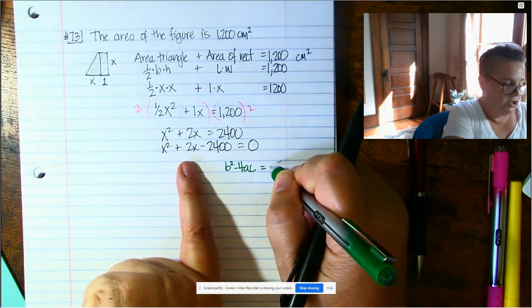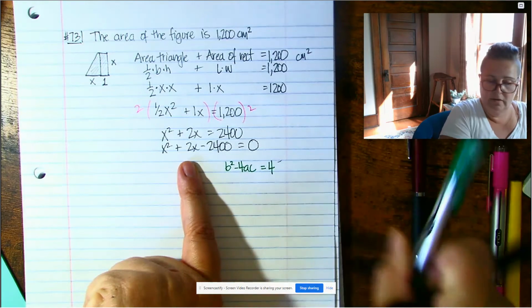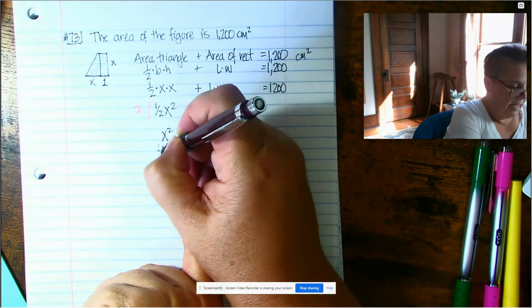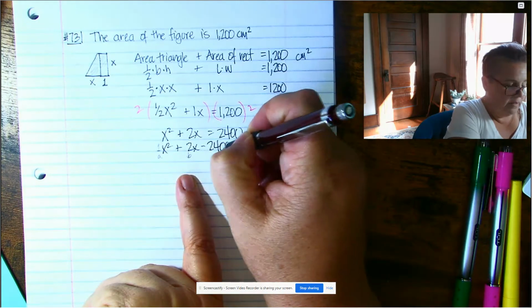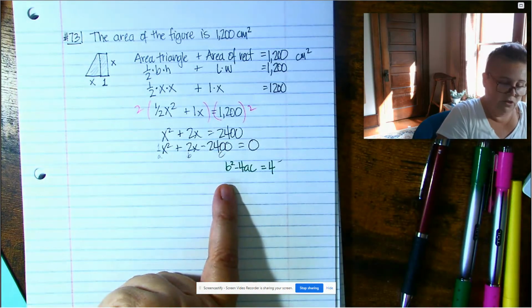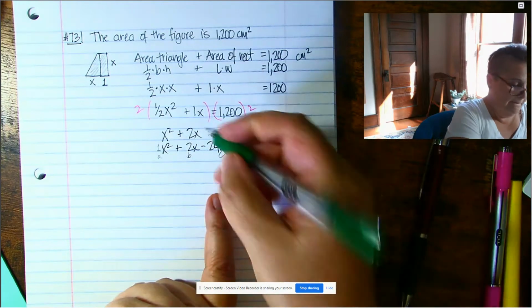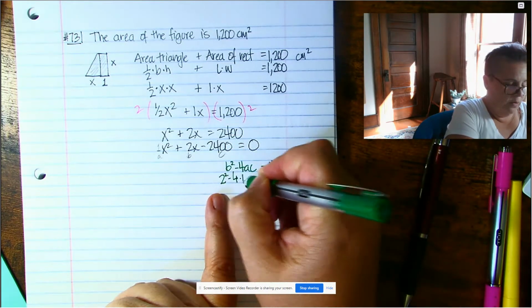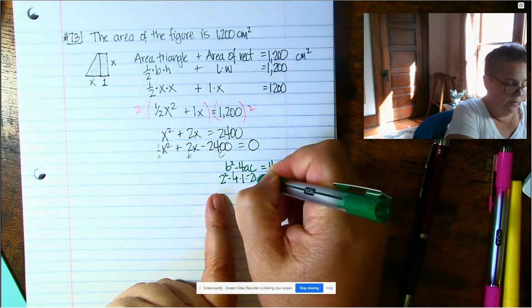So that's going to be 2 squared, which is 4, right? Because 1 is my A, 2 is my B, and that's C. So that's going to be 2 squared minus 4 times 1 times a negative 2400.